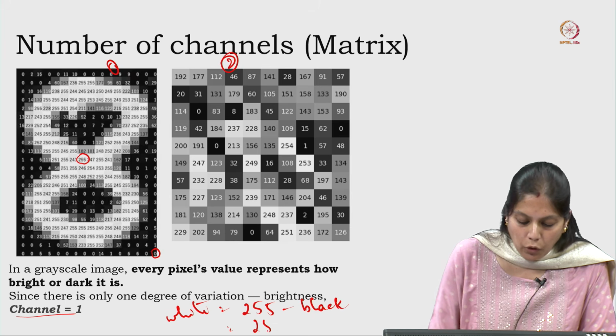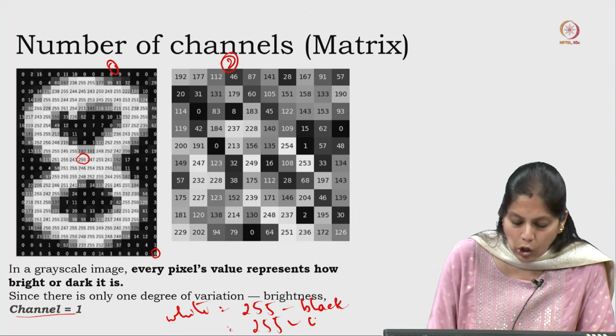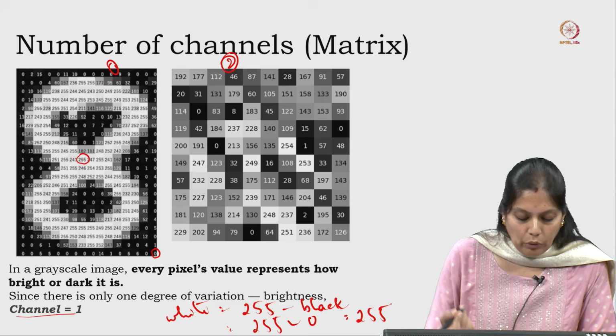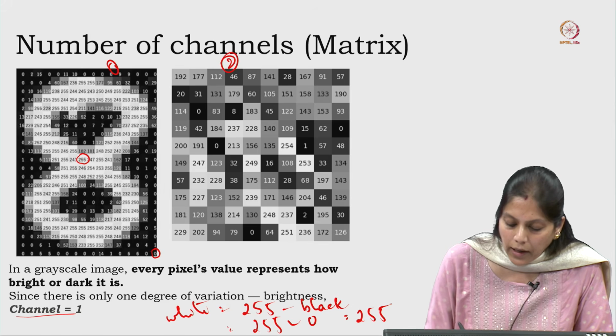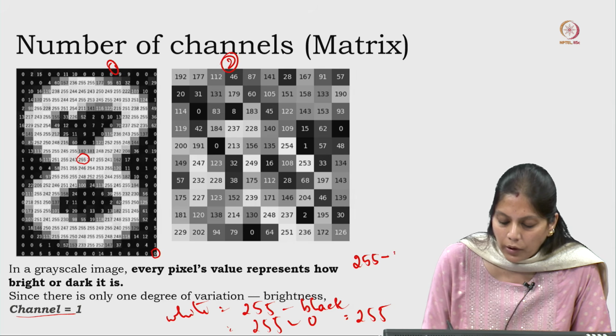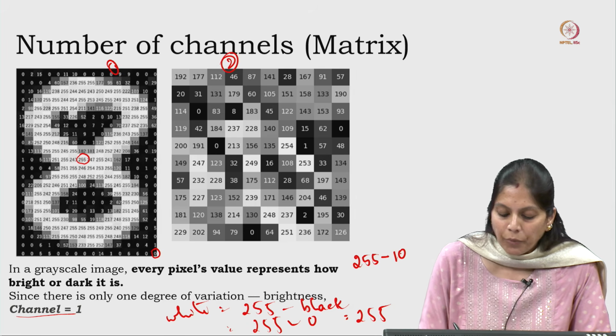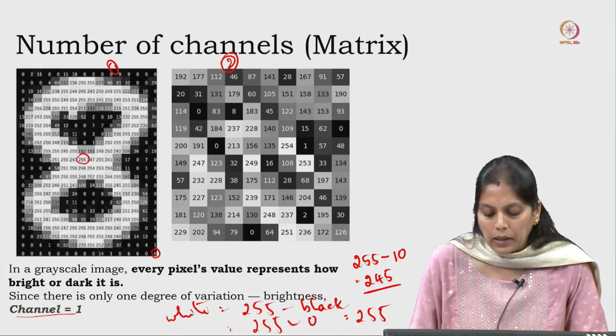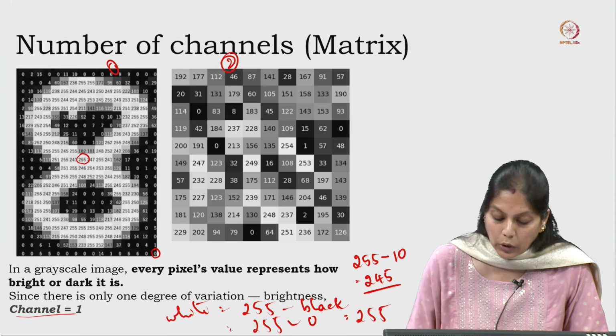If you take 255 when there is no black component, the value is just 255. In the second example, if it is 255 minus some value, then you will have some other number which is not completely white, but is closer to white.